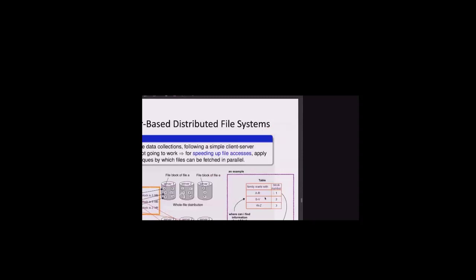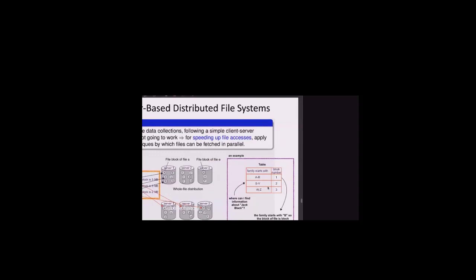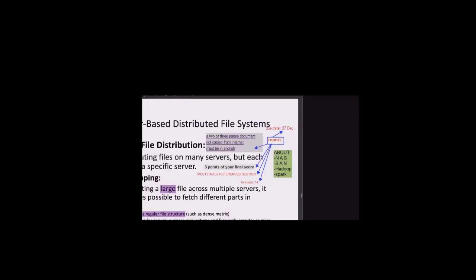If we can devise or design such a table, then we can say the file has a regular file structure. For example, it stores records, and each record has 10 bytes or 10 kilobytes. A rule on the structure of the file. If we have rules on the structure of the file, we can say it's a regular file. And file stripping is very fit for storing and retrieving regular file structures.